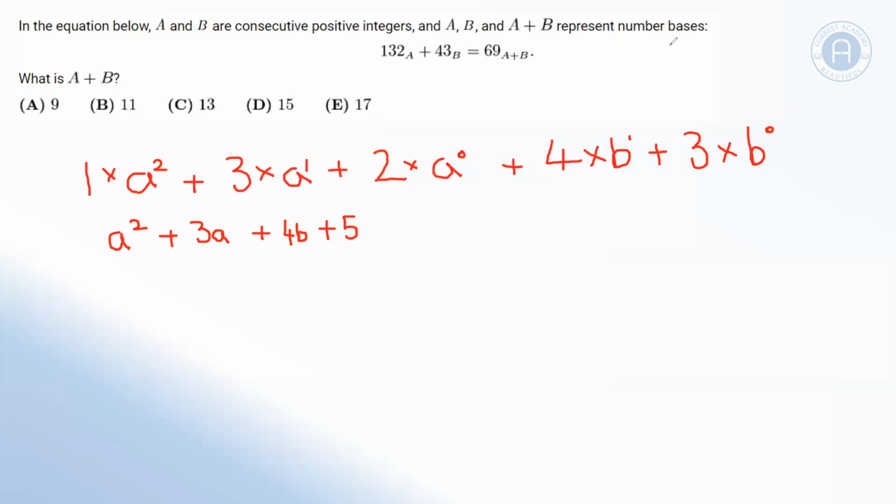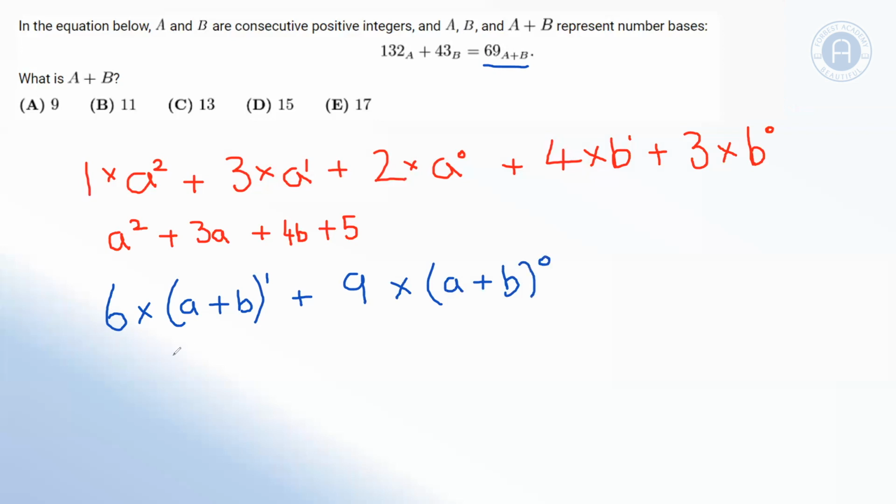And we've been told that is equal to 69 to the base of A plus B. So that would be 6 times (A plus B) to the power of 1 plus 9 times (A plus B) to the power of 0.